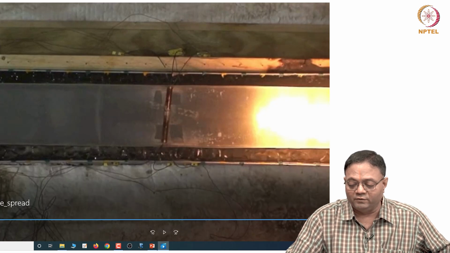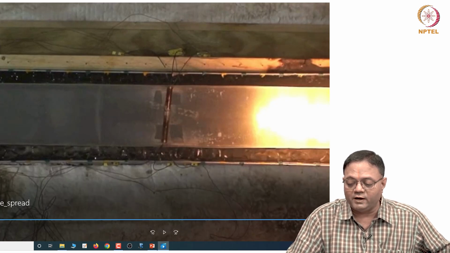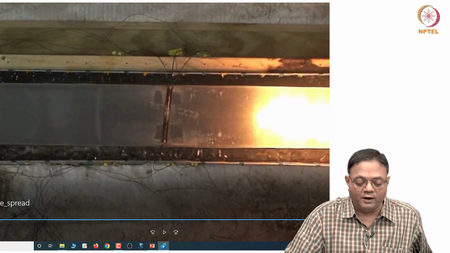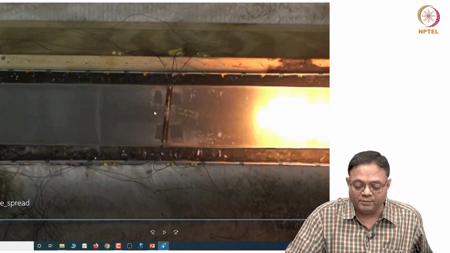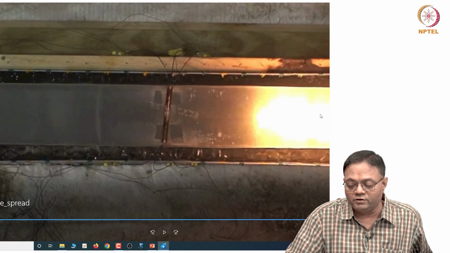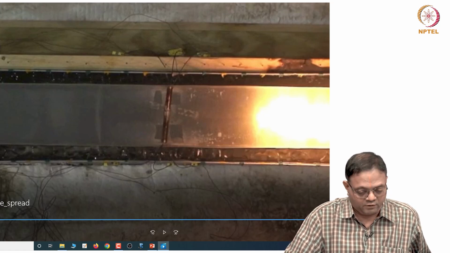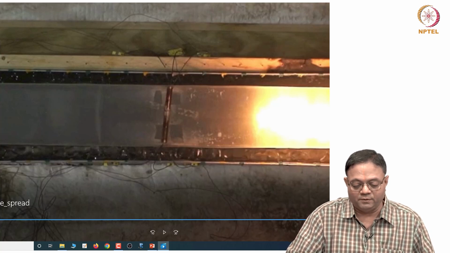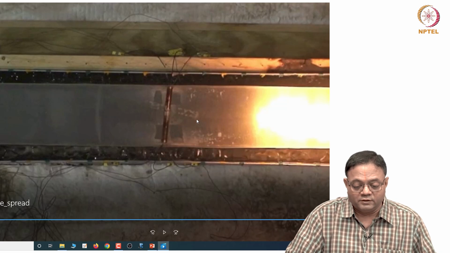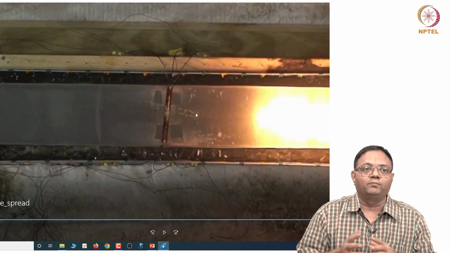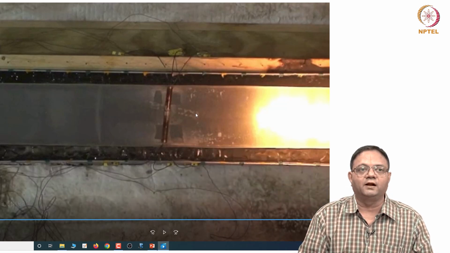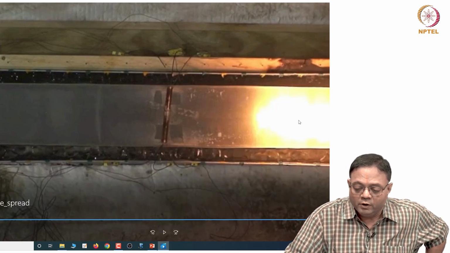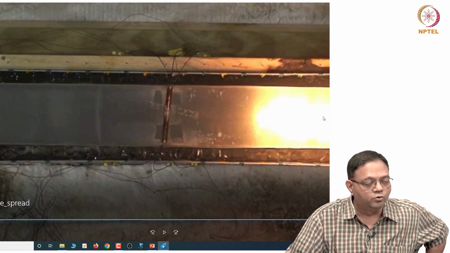When the flame is initiated at the right edge, this is hotter, and the temperature decreases as we move from the ignition point towards the downstream where the unheated fuel is present, and this liquid is initially subatmospheric, at a lower temperature than atmospheric. So, there is a Marangoni convection which is caused due to the temperature gradient.